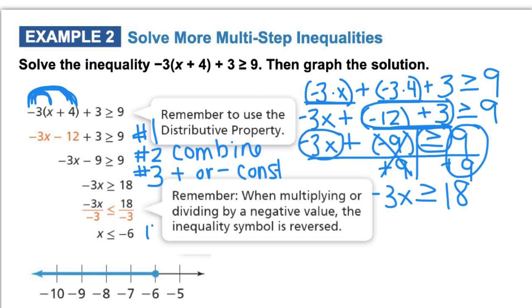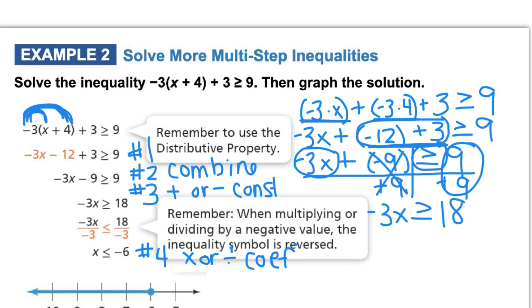All right, step number 4 is when I multiply or divide my coefficient. So to get rid of a multiply by negative 3, I'm going to divide by negative 3. Don't drop your negative. But here it gets tricky.